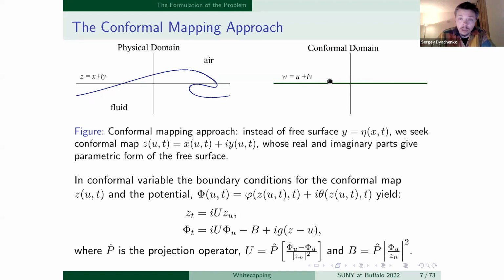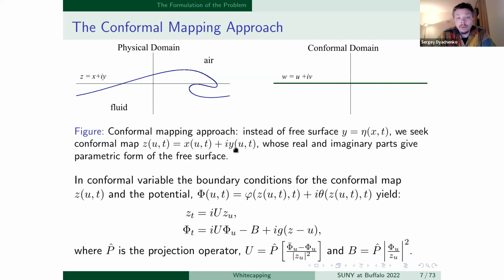Right, so you consider some point, say u equals 1. This would correspond to some point at the free surface on the left. It would be x of u, comma t, plus i y of u, comma t, right? If you choose a point with coordinate u.